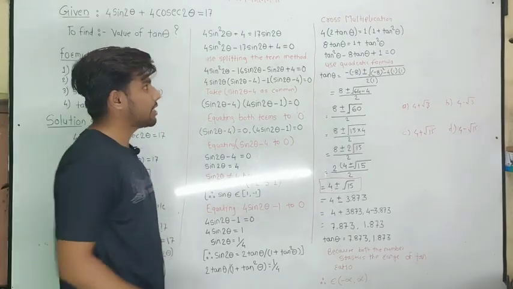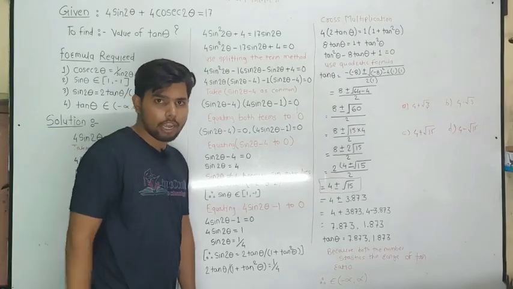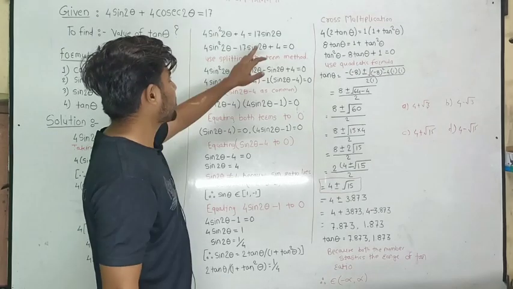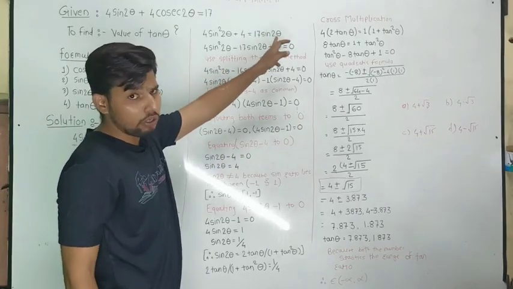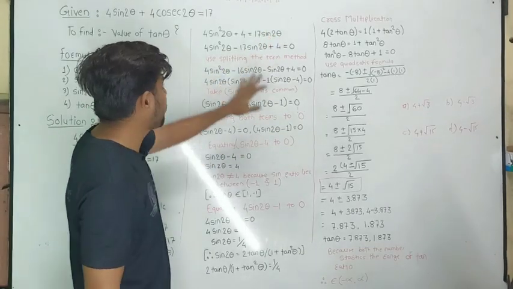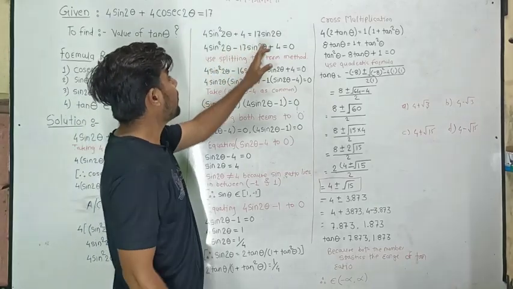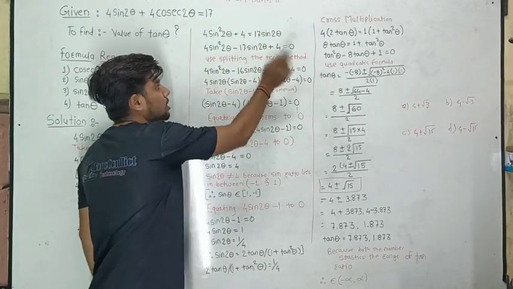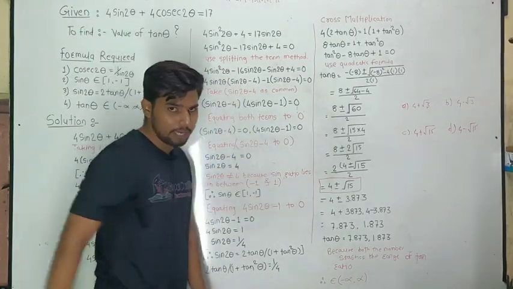As you know guys, to solve this term, we require a quadratic equation. So for the quadratic equation, we simply transfer this term to the left hand side, so this positive term is converted into negative. So we got the quadratic equation which is 4 sin⁴ theta minus 17 sin² theta plus 4 is equal to 0. Here we use the splitting method.